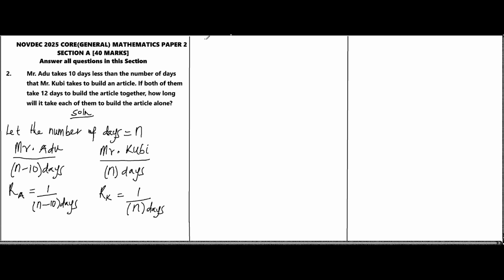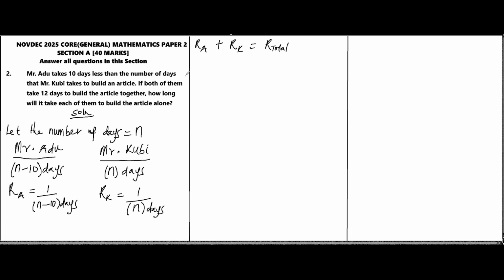Next, let's find their total rate. Their total rate will be the rate of Mr. Edu plus the rate of Mr. Kubi. This must be equal to their total rate.